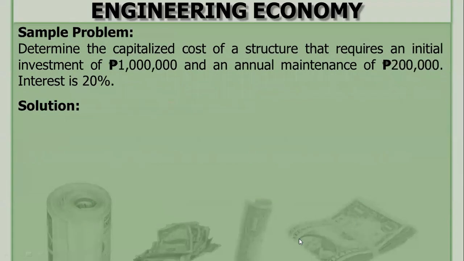Sample problem. Determine the capitalized cost of a structure that requires an initial investment of 1 million pesos and an annual maintenance of 200,000. Interest is 20%. So this is considered the perpetuity, 200,000 perpetuity.